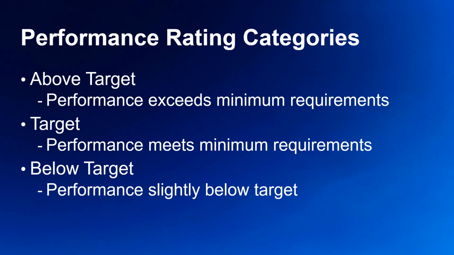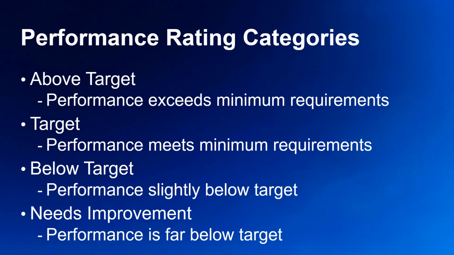If you have to take your exam again, then additional preparation is recommended before a re-examination. And finally, there is needs improvement. Here your performance is well below target and fails to meet minimum requirements, and additional preparation is strongly recommended before you attempt to take the exam again.